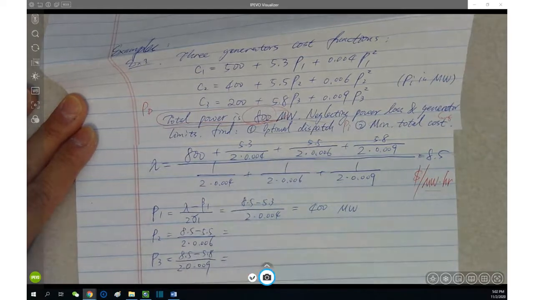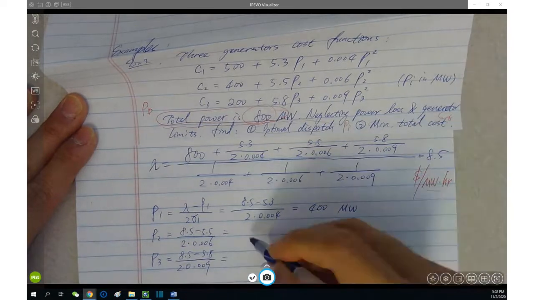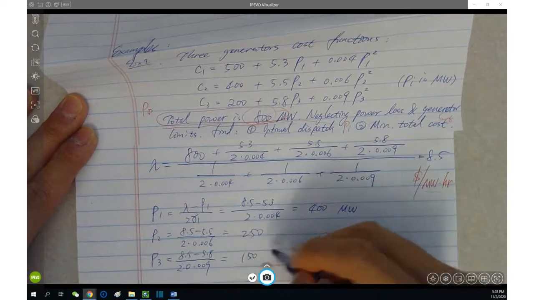And then following the same idea, we find P2 and P3: 250 and 150 megawatts.